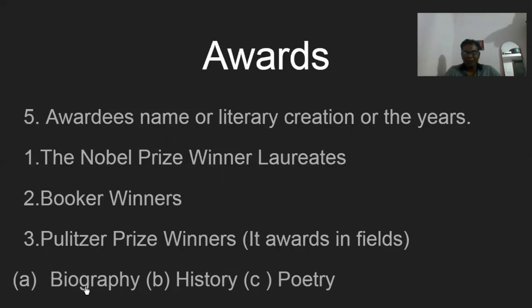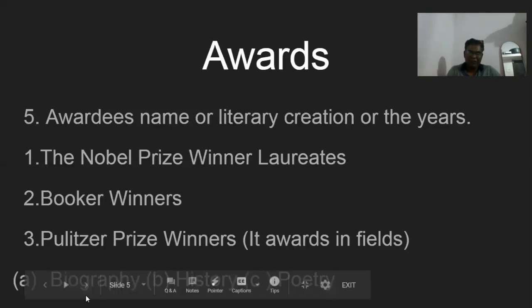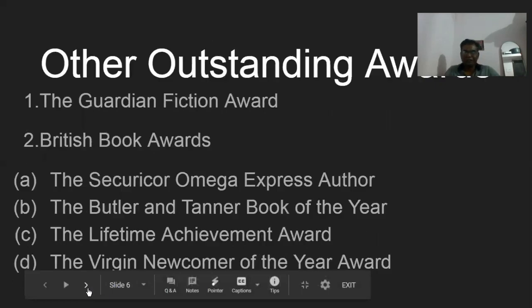The awards include the Nobel Prize, the Booker Award, and the Pulitzer Prize. The Pulitzer Prize is awarded in three categories: biography, history, and poetry. You should remember these things carefully. Next, there are other outstanding awards.